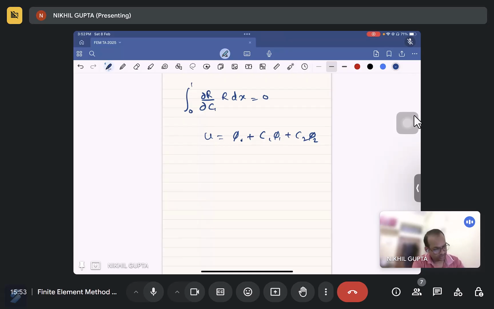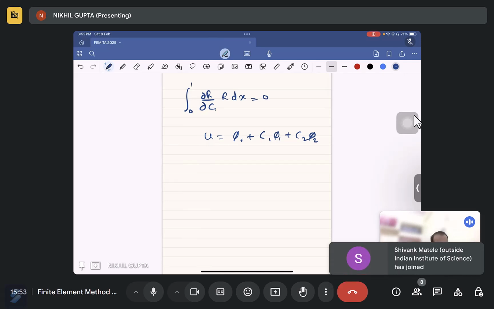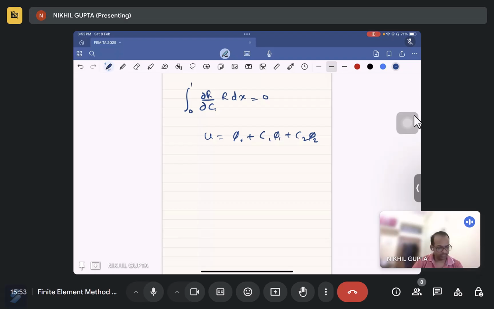Tell me the solution, anyone. You have to solve this problem using the least square method. I'm asking the equation you will use for the weighted residual method for this.